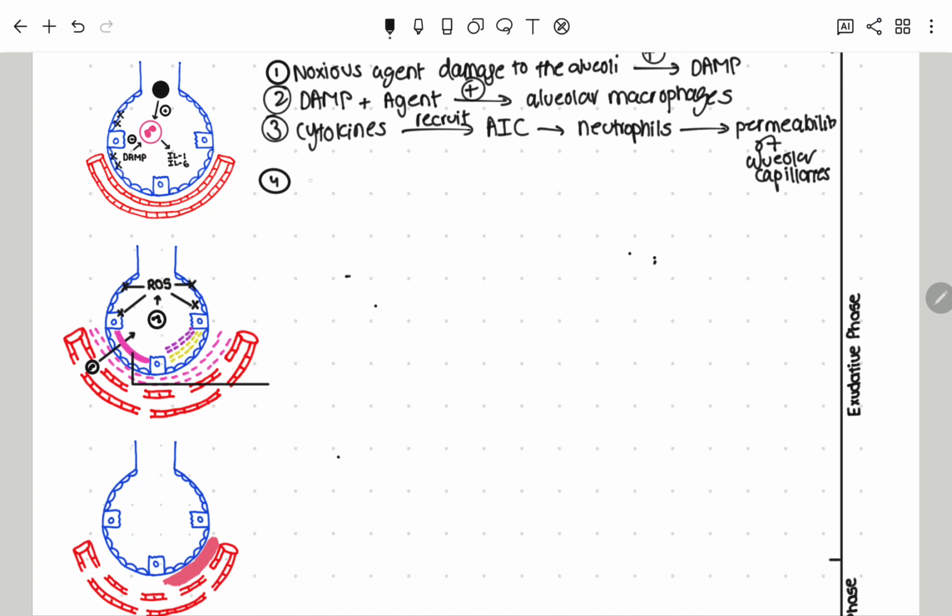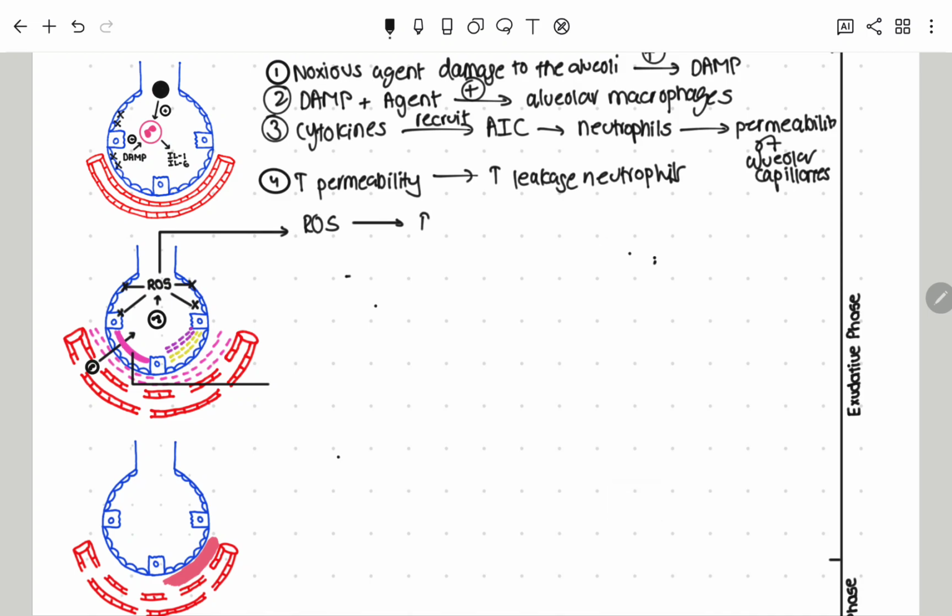Fourth, what's happening next is that because you have an increased permeability, which simply means that you have an increased leakage of neutrophils, and these neutrophils are going to release, as I've written down here and drawn out for you to have a look at, reactive oxygen species, which in turn are going to damage the alveolar membrane.